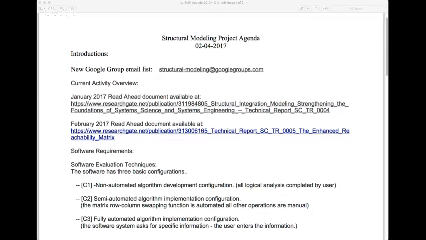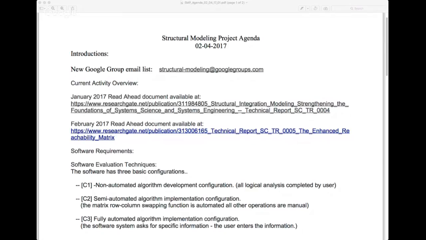One of the requests for discussion on the agenda this month was to talk a little about the existing software: what the requirements are, how you evaluate it, and what you do with it. I think the best way to do that is to talk briefly about the three versions of the software that we have. The first version is a non-automated algorithm development configuration.